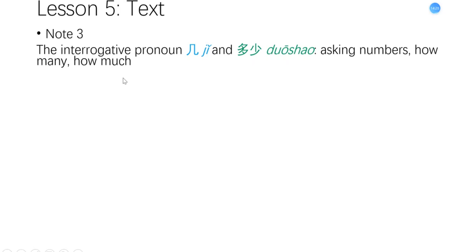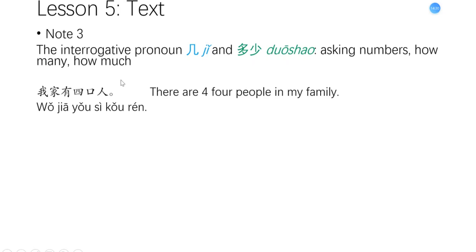Okay, let's see some examples. Like in the text, 我家有4口人. So there are 4 people in my family. We use 几 to ask about numbers.